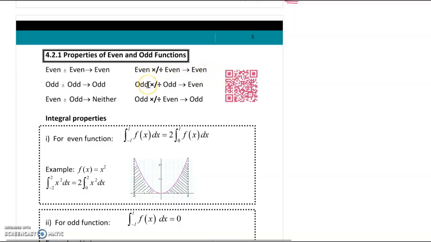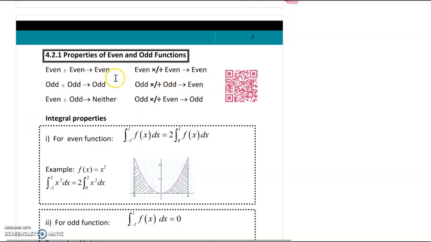If you have odd times odd, then the result will be even, like negative times negative, which is positive, right? So you can illustrate even and odd just like positive and negative. Same thing, if we have odd divided by odd, then the result will be even.